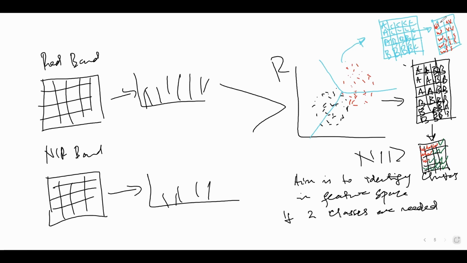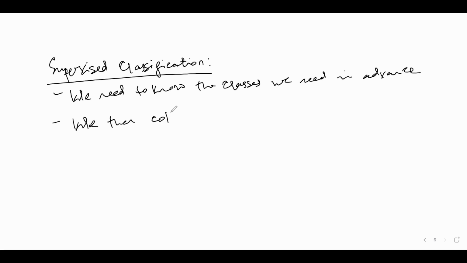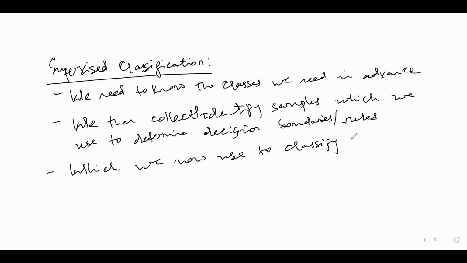Now, when it comes to supervised classification, here we need to know the classes we need in advance. We then collect samples which we use to determine what we refer to as decision boundaries, decision rules, which we now use to classify the rest.